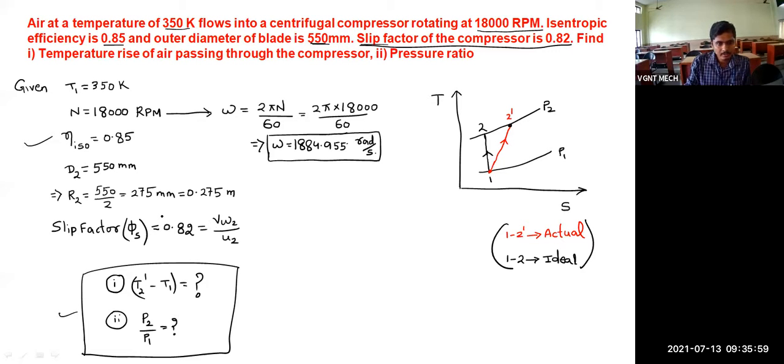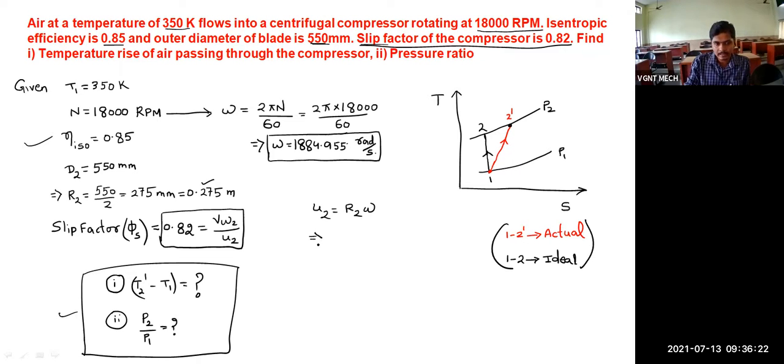So here one more thing, it is given slip factor equal to VW2 by U2. Right? So how to calculate U2? U2 is nothing but R2 into omega. R2 value already we have, omega value we have calculated.